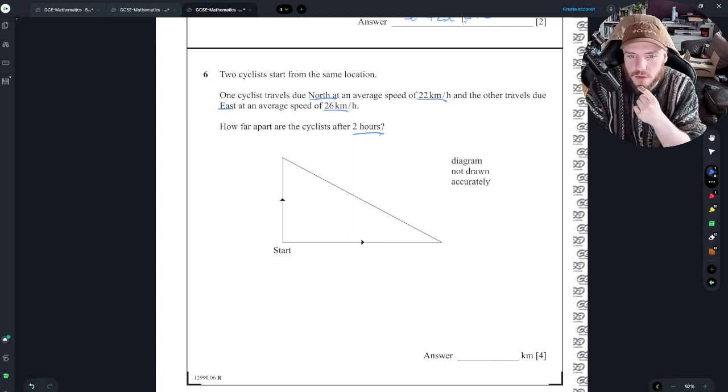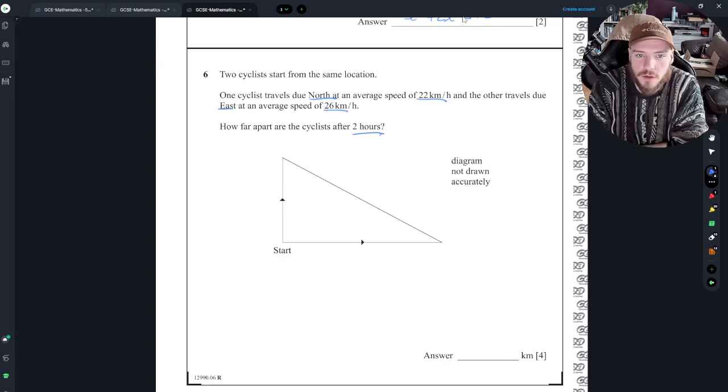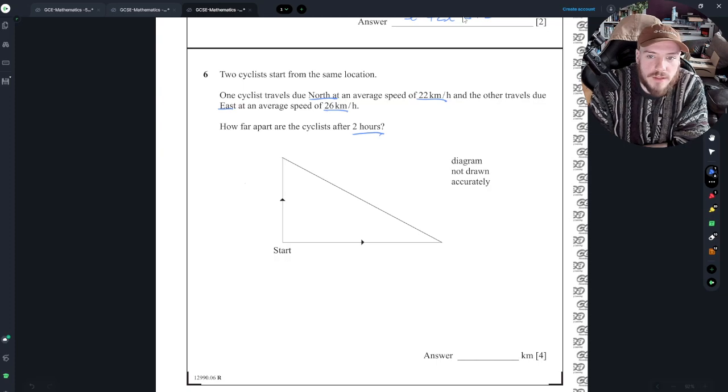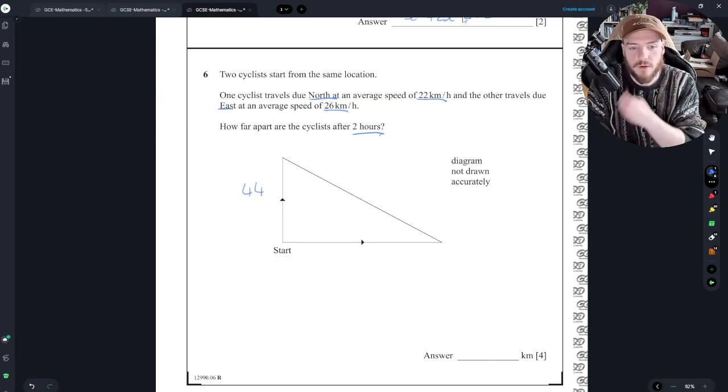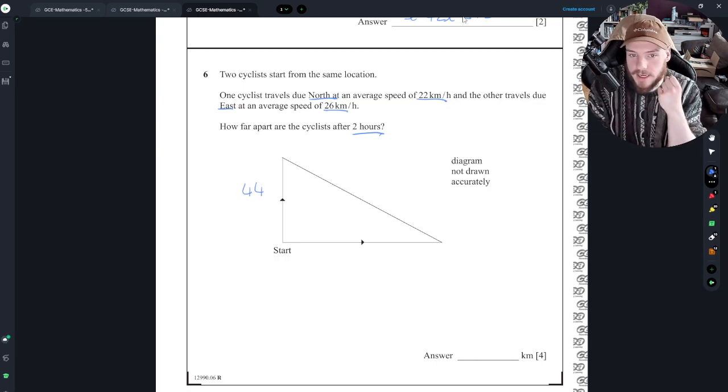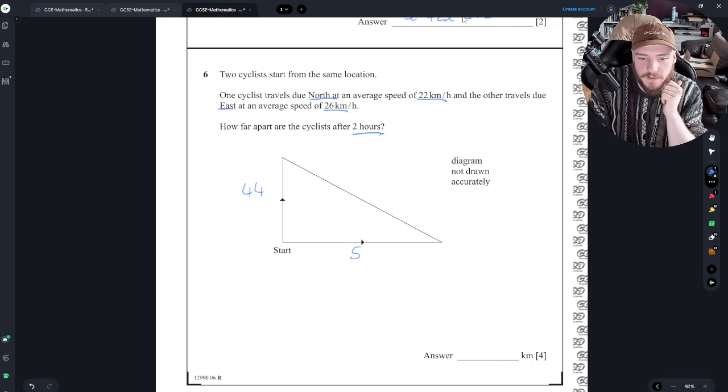So what we know is the distance that they would move per hour. So 22 kilometers per hour. If we're traveling 2 hours, we would just double it. So our northern cyclist has traveled 44 kilometers, and our eastern cyclist has traveled 52 kilometers.